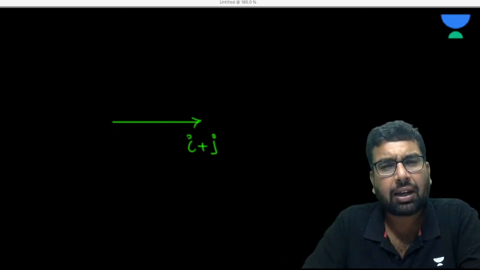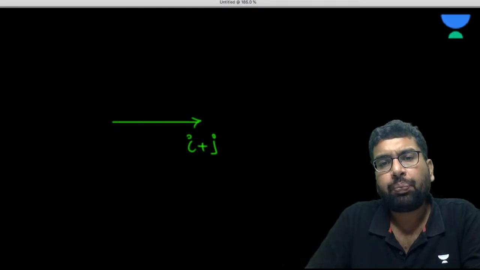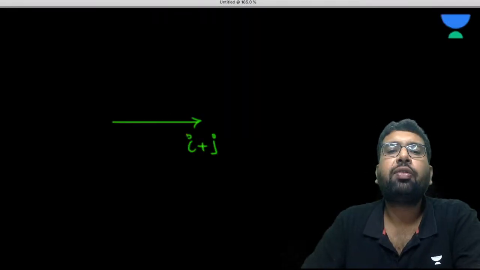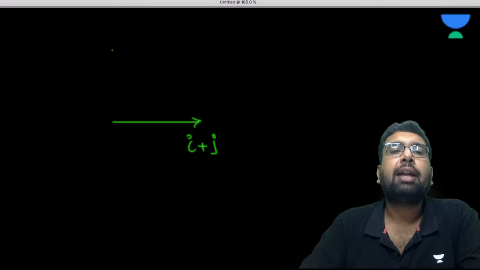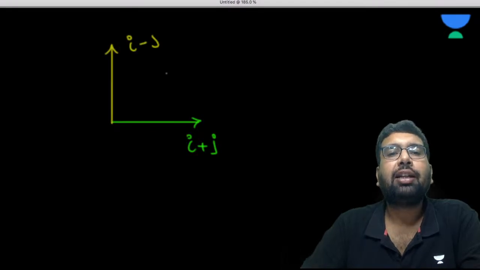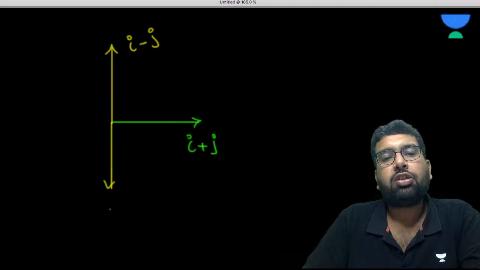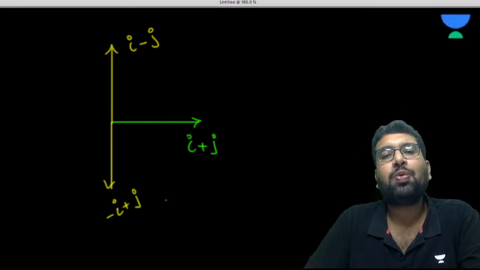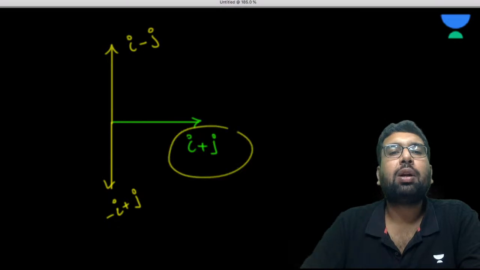I'll come to that. But see, I'll tell you: perpendicular to this vector is either i minus j, or minus i plus j. These two vectors are perpendicular to it.